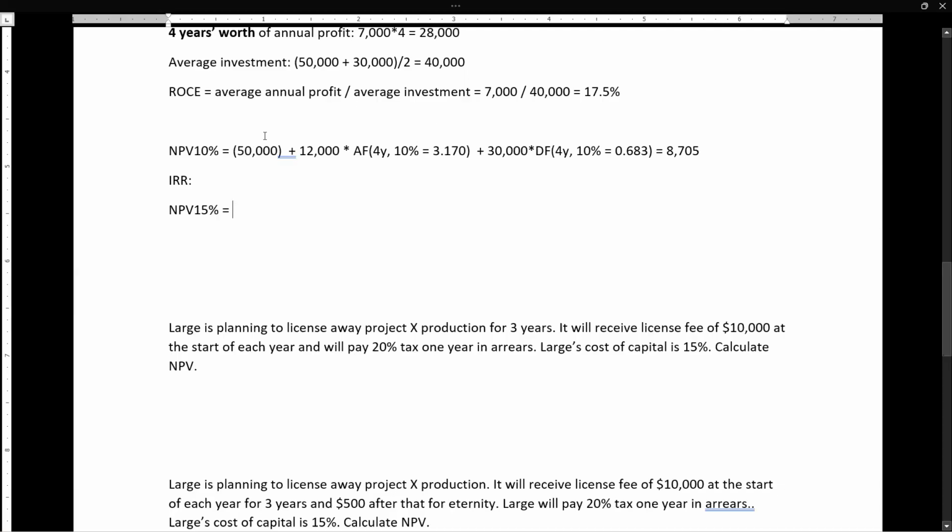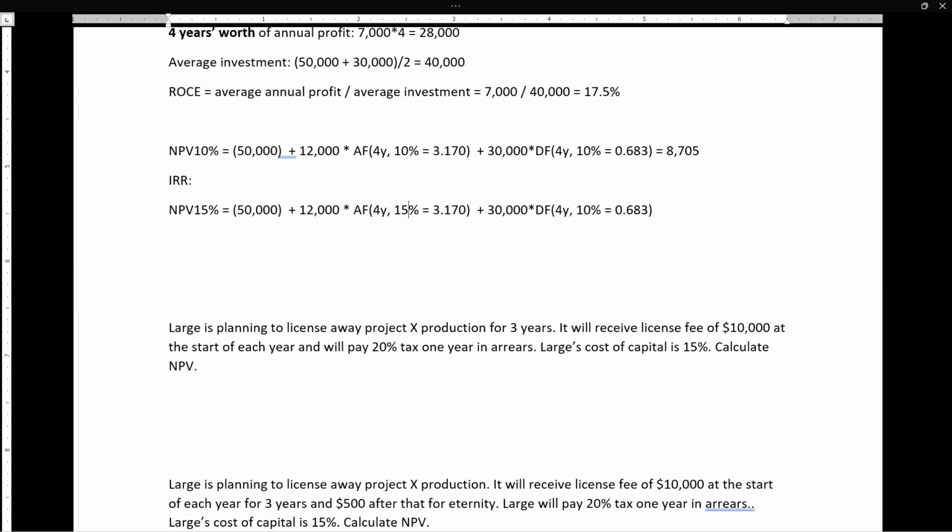So that is why we are going to take that. So NPV of 15% is calculated the same way. We take minus 50,000 plus 12,000 multiplied by annuity factor over 4 years, but now we take 15%. And for me, 4 years, 15% is 2.855.